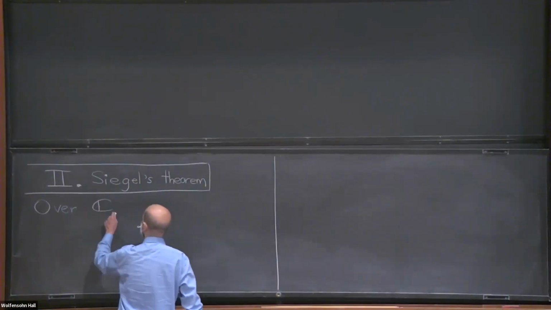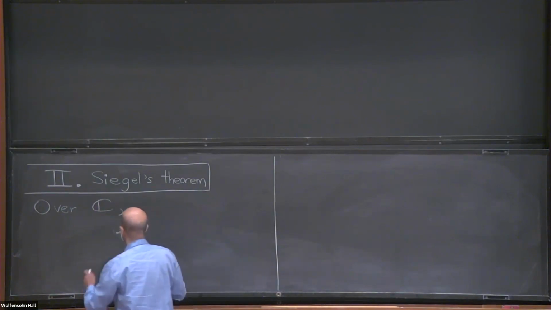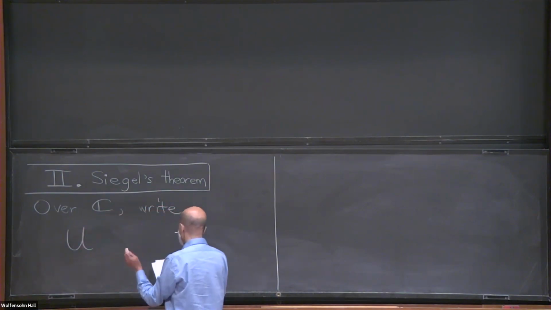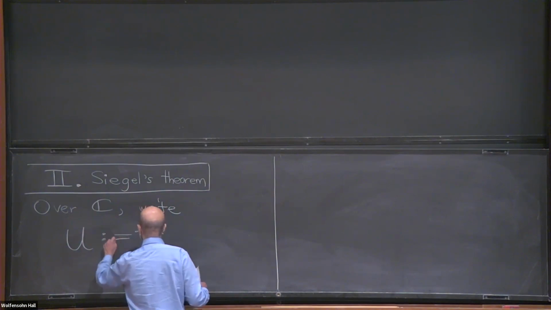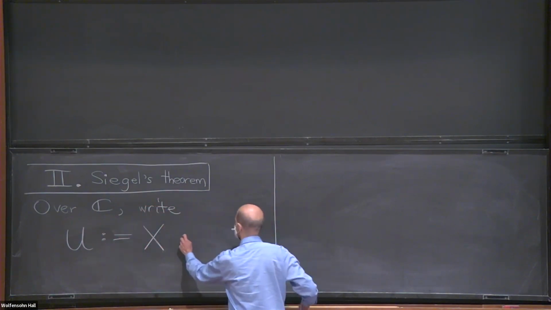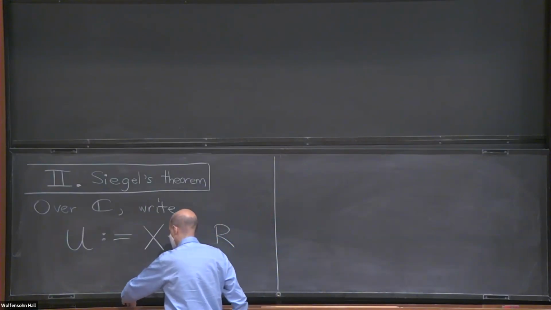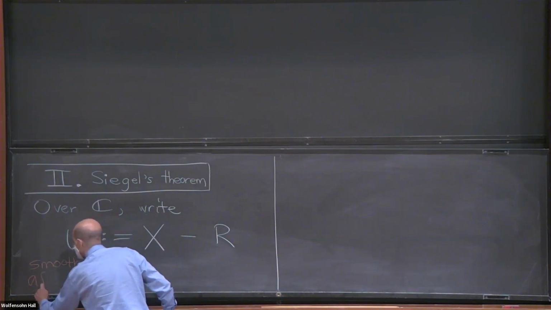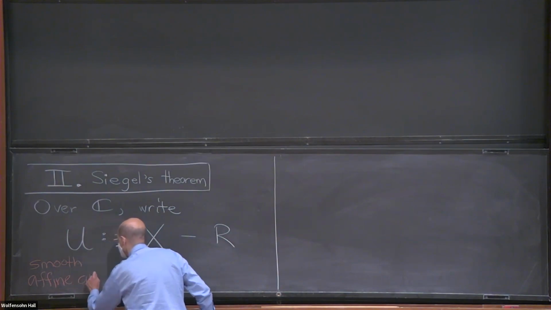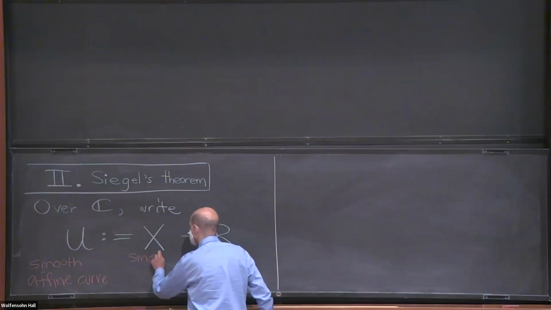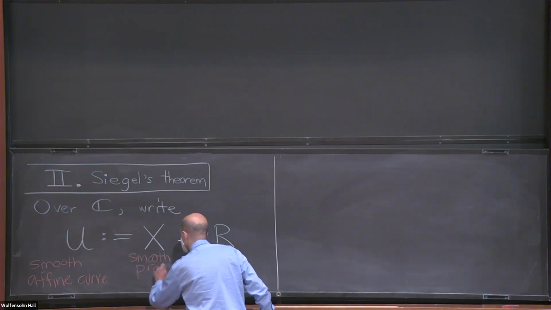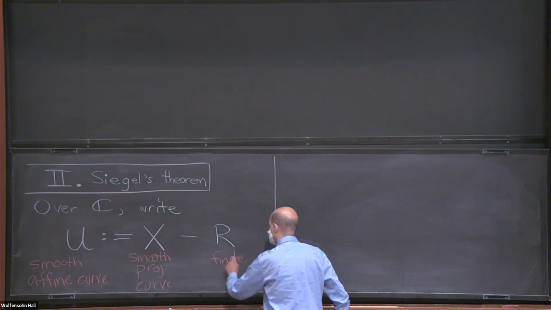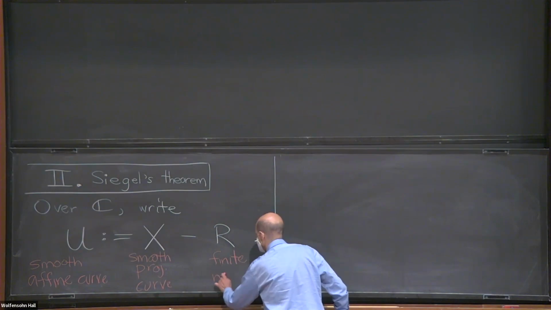review some basic stuff. If you're over the complex numbers and you have a smooth affine curve, let's call it U, then you can write it as a smooth projective curve X minus some finite set R. So U is a smooth affine curve, X is a smooth projective curve, and R is just some finite non-empty set of closed points.